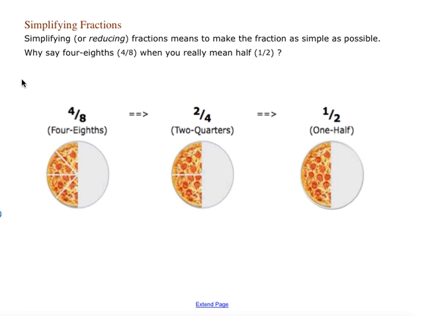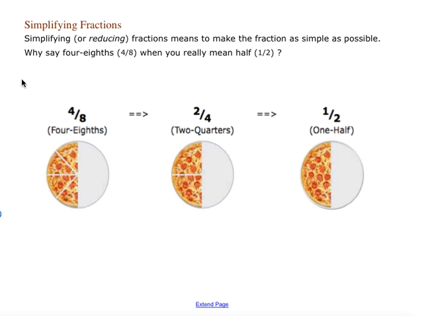So this is the same slide that we looked at in class. Simplifying fractions, or in other words reducing, as some of us were taught in the earlier years, means to make the fraction as simple as possible. We say 4/8 when you really mean 1/2.